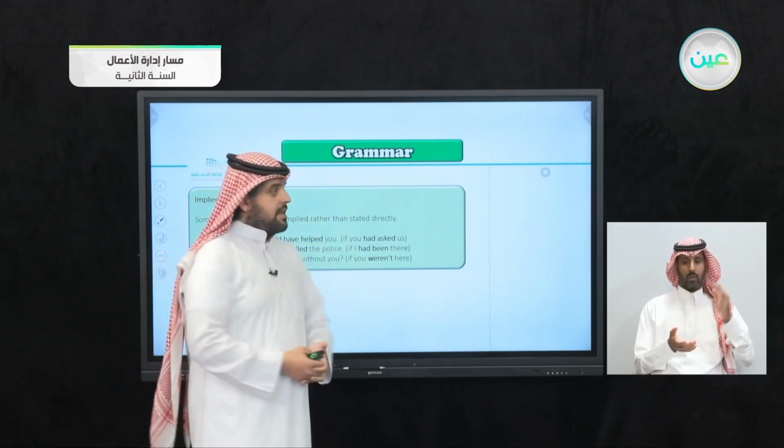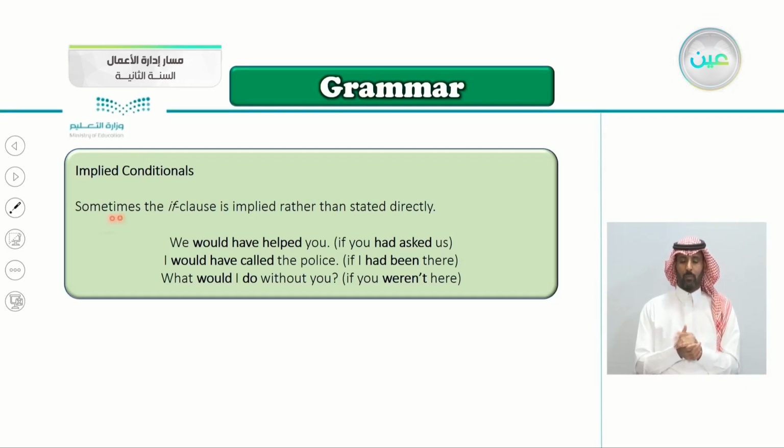Let's take some examples now. Sometimes the if clause is implied rather than stated directly. You don't have to say it. For example, we would have helped you. What's the if clause here? If you had asked us.